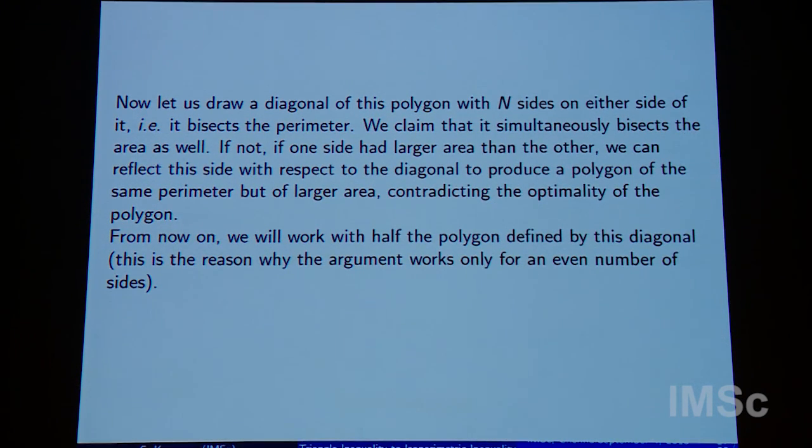And therefore, if you have an optimal polygon, take any diagonal bisecting the perimeter, it will also automatically bisect the area. So from now on we will work only with half of the polygon, because I can always reflect it to get the other half. That is why this argument works only for even-sided polygons.